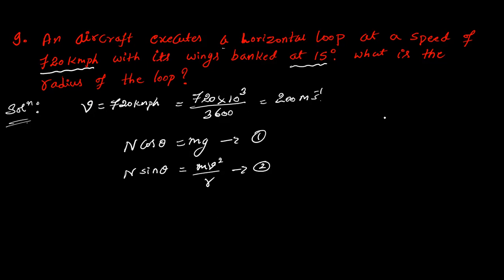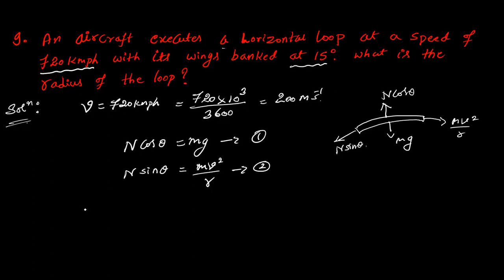Based on that concept, the wing is creating a loop. So N cos theta, and here is mg, and here is N sin theta, right? And it is balanced with the centripetal force, mv square by r.